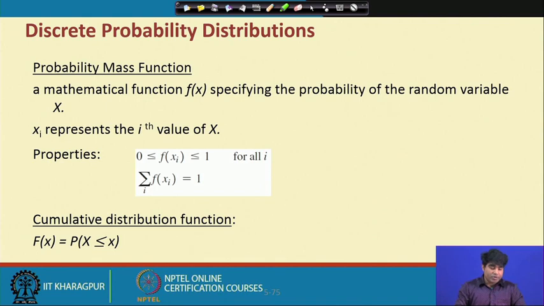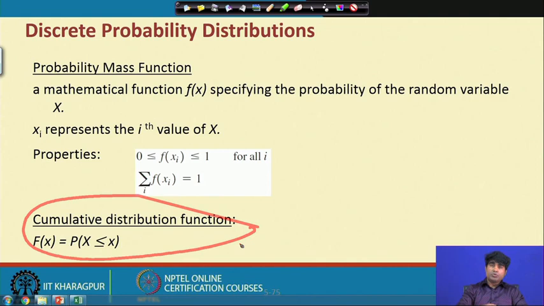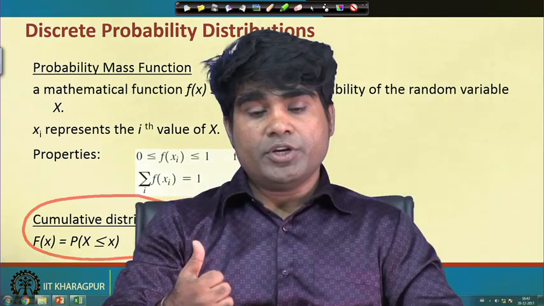For the cumulative probability distribution, you want to find out the individual probabilities, then finally find the cumulative probability. Cumulative probability means you add them one by one, and if you follow the probability principle, finally the sum will be exactly equal to 1.